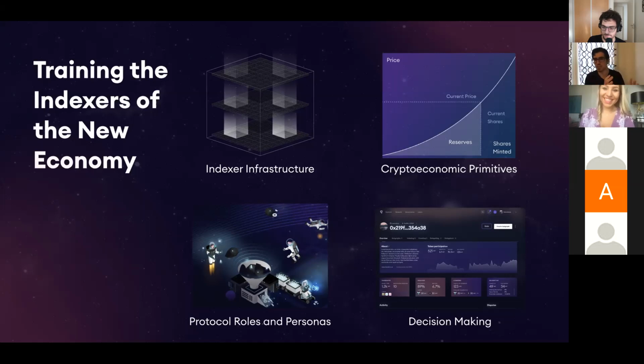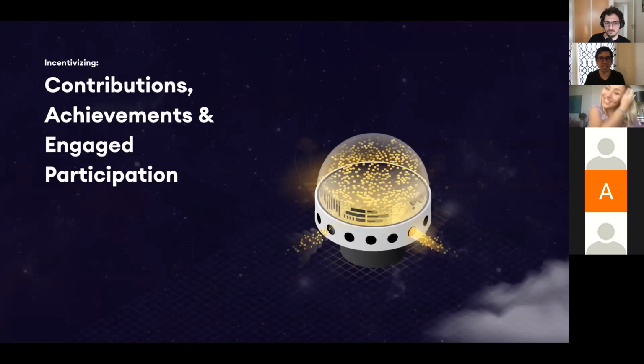We'll be running workshops throughout the whole testnet. So I don't want you to feel overwhelmed now, but this is part of the investment that we're going to be making in you guys. It will be a lot of work, but hopefully it'll be a lot of fun. And that's probably also the reason why they call it an incentivized testnet, because we do want to reward your hard work.